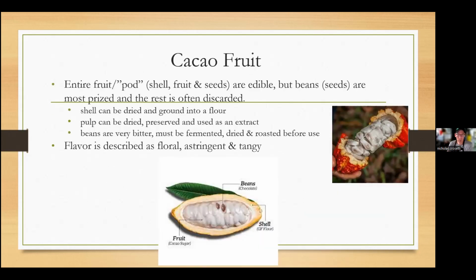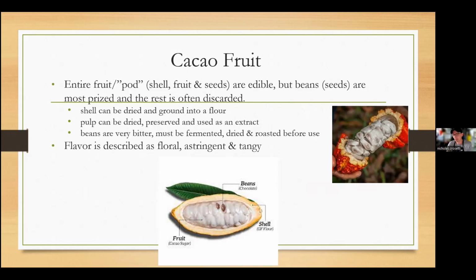So the fruit of the cacao tree, which is also called cacao, like I said, kind of resembles a yam or an elongated football shape. They're very often brightly colored oranges and purples and greens. They have sort of a woody gourd, almost like a pumpkin type shell.